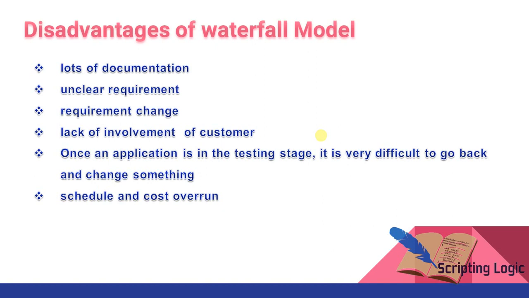Once an application is in the testing stage, it is very difficult to go back and change something. And many times customers need to have the change that he introduced in latter phase, because of which schedule and cost may overrun.